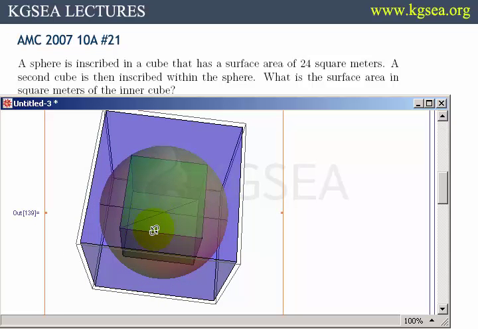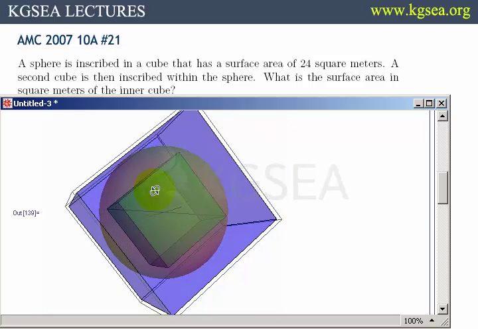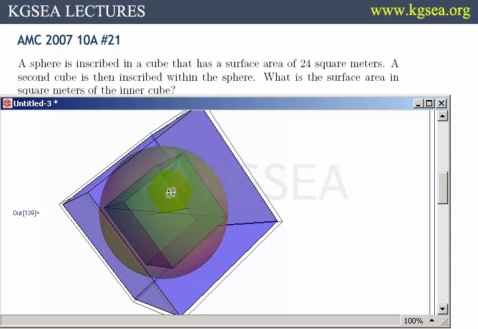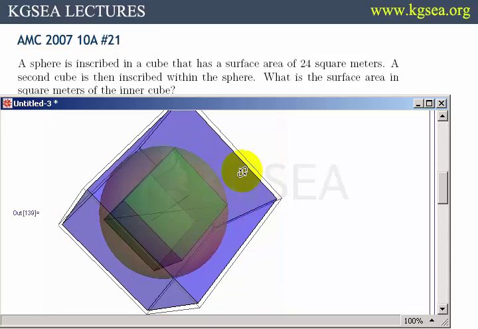Now, what about the other diameter? Yes, it is a diameter of the sphere, you can see. However, this is a diagonal of the cube from one point to the other, the farthest point. Let me show you.